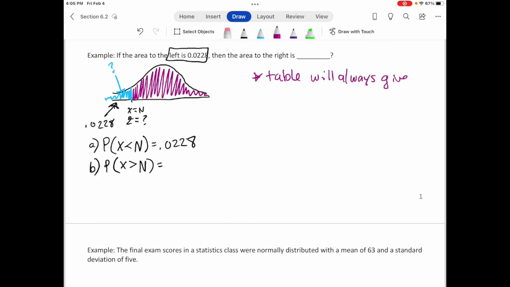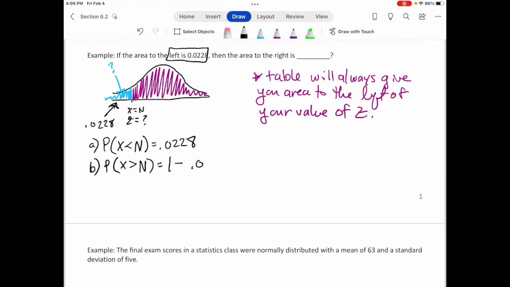The table, I can't stress this enough, will always give you area to the left of your value of z. So if you want to know the area to the right or greater than that value, then what you have to do is take 1 minus 0.0228 and find the complement, because we know the total area under the curve is 100% or 1.